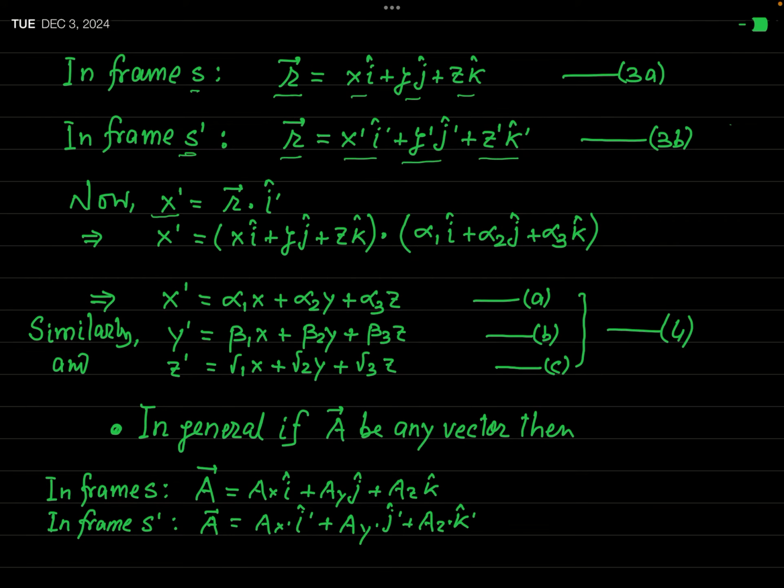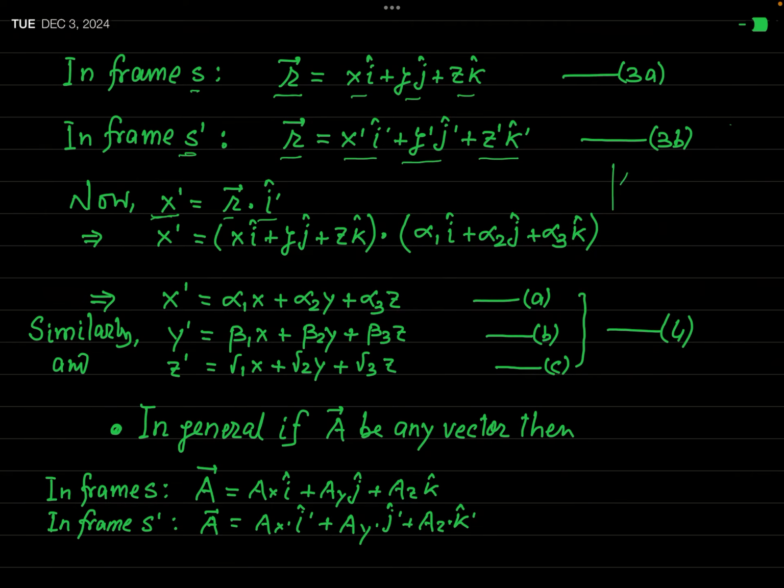Okay, so here x prime is actually the x component of vector R in frame S dashed. Okay, and in frame S dashed, the unit vector along the x-axis is i prime. So R dot i prime, that is simply equal to x prime. And you can check it from here.